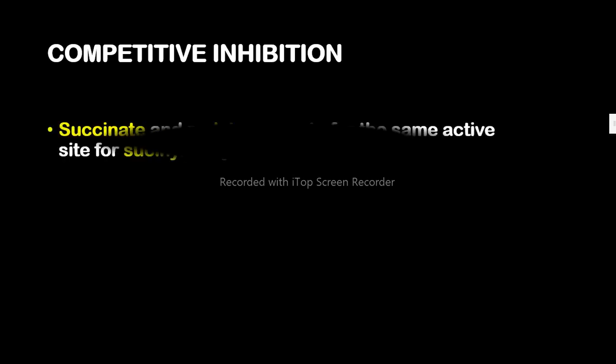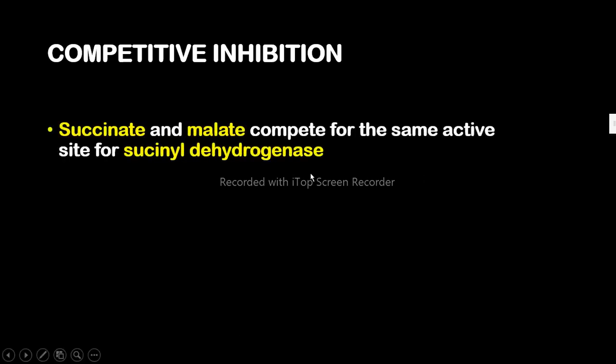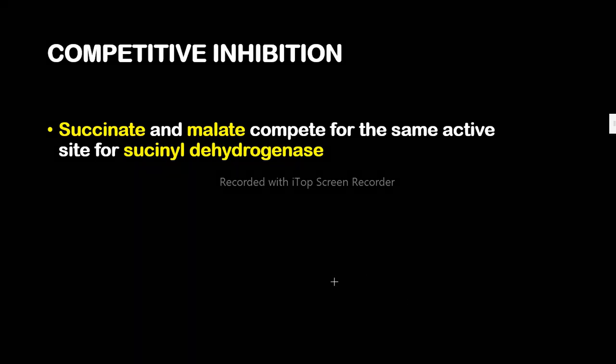Let's see some examples of inhibitors. Now in the Krebs cycle, we have this enzyme called succinate dehydrogenase.